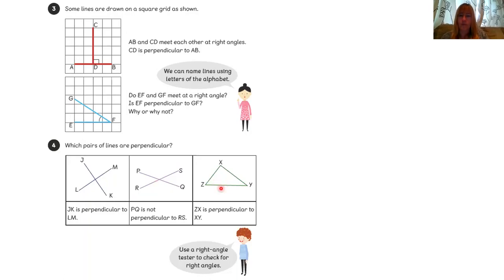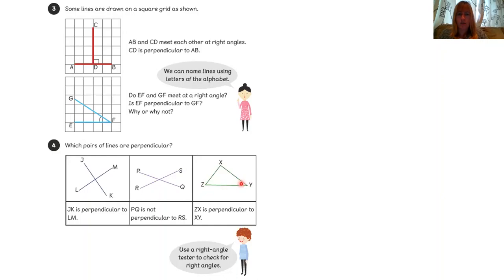Now, here we've got a triangle. And we know that a triangle has got three sides, so there are three lines. We have the line XY, the line YZ, and the line XZ, or ZX. Now, this angle is not a right angle, so ZX and ZY are not perpendicular.